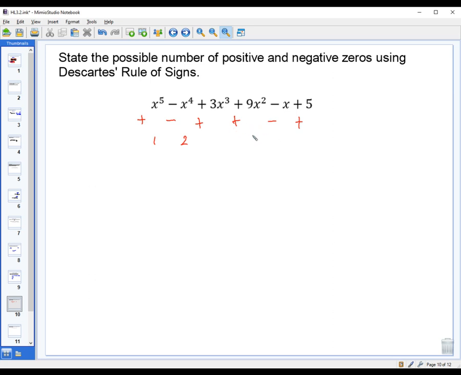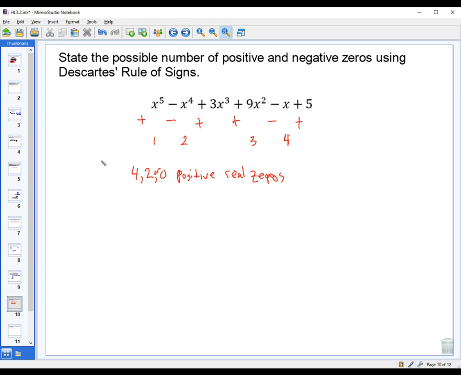Then positive to negative, that's 3. And negative to positive, that's 4. There were 4 sign changes. So that means that there are 4, 2, or 0 positive real zeros.